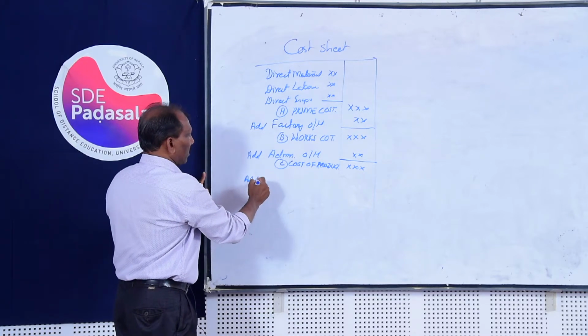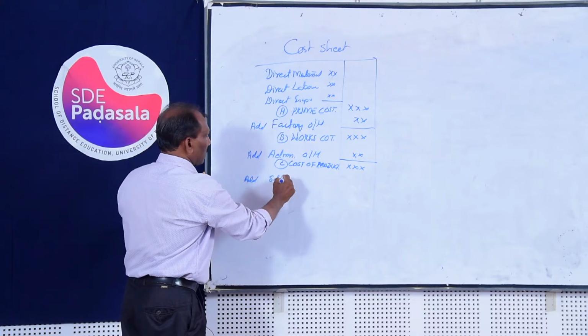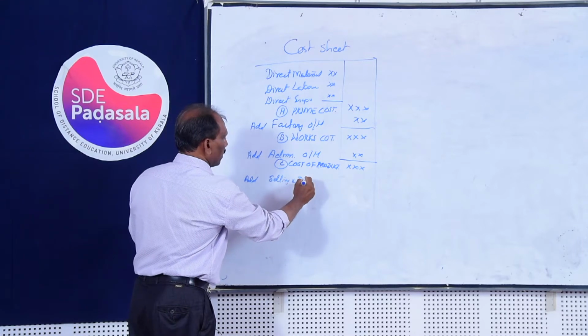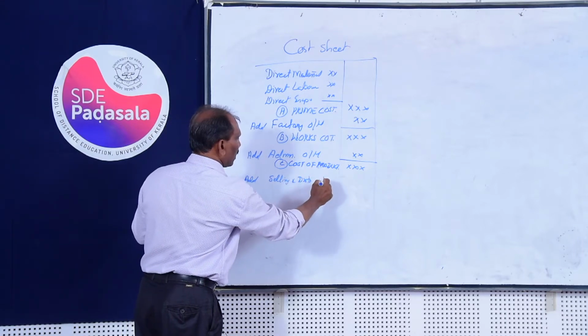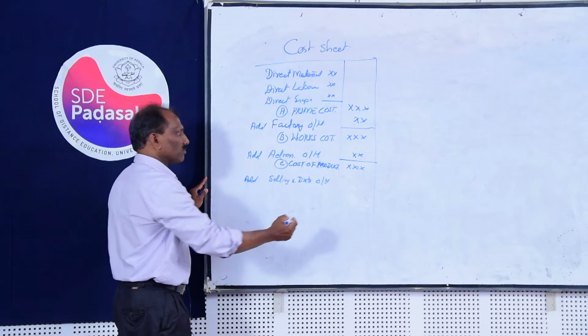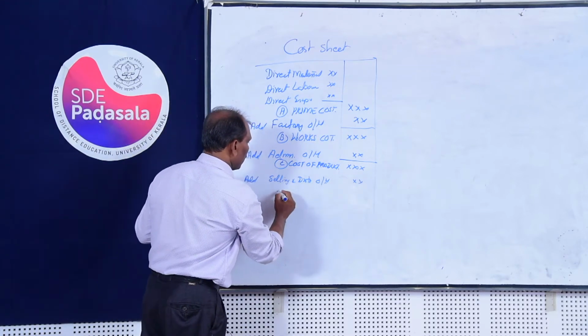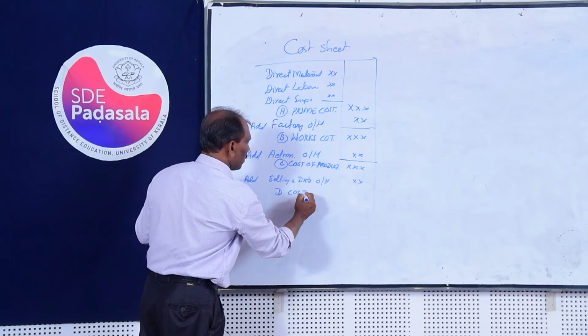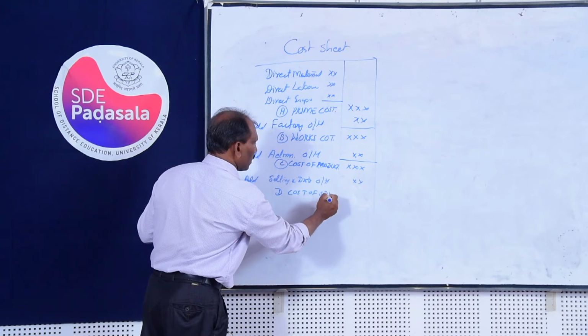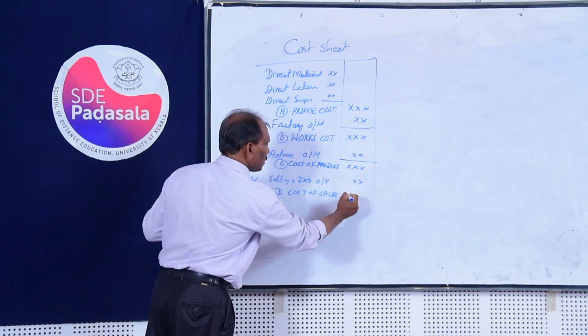If you add selling and distribution overhead to the cost of production, we will get cost of sales.